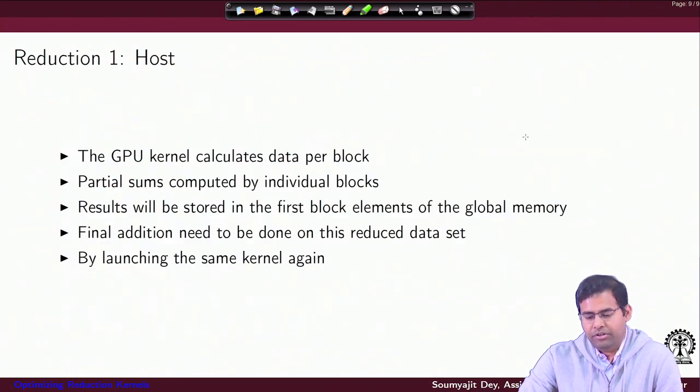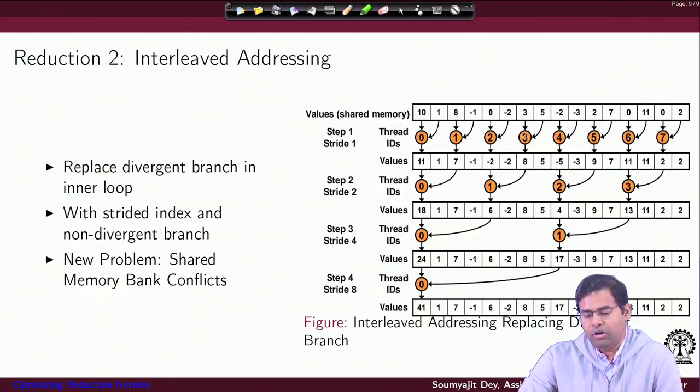That was a bad thing. In order to remove that, we came up with nice and intelligent access expressions, so that inside every warp all the consecutive thread IDs are working. That gave me some speedup.